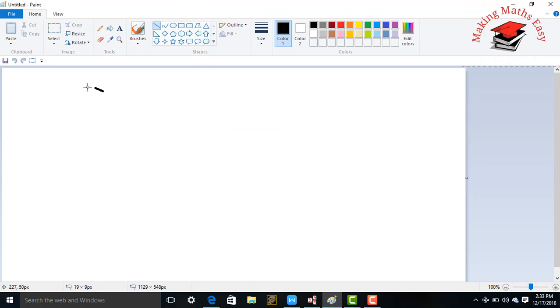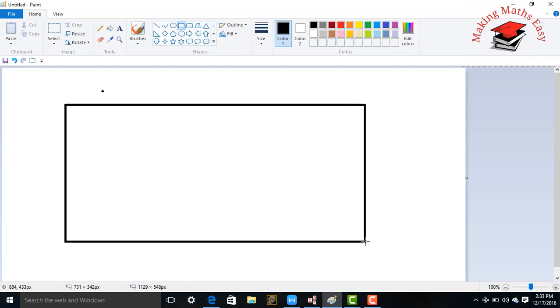This is the universal set, and I am drawing only the intersection part. So this particular portion has been taken by set A as well as set B. If we consider that earlier circle as set A, I will draw a circle here. Wait, it is wrong.